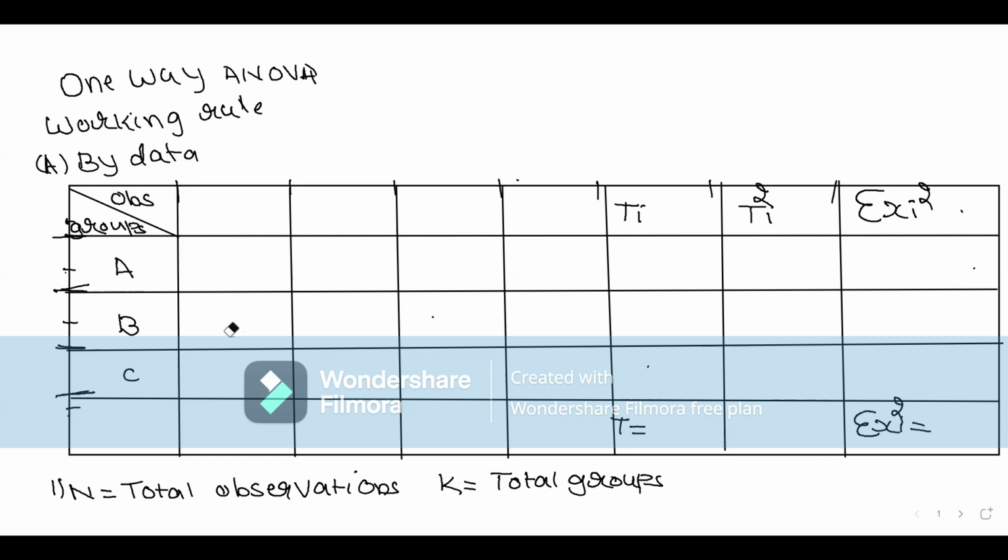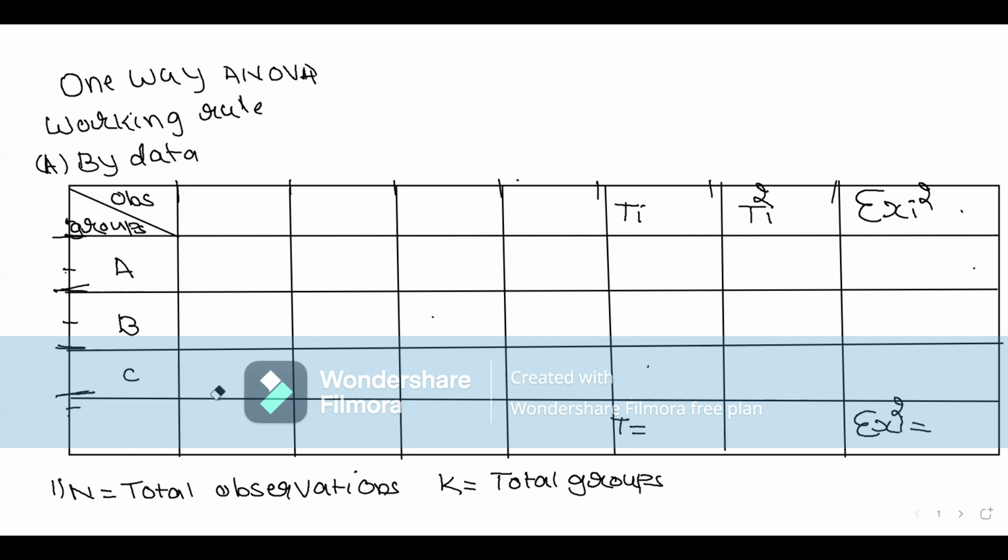And for B, this plus this plus this plus this equals the Ti value. The Ti square value you write here. And now the square of this, plus square of this, plus square of this, plus square of this, and adding them gives summation of xi square.